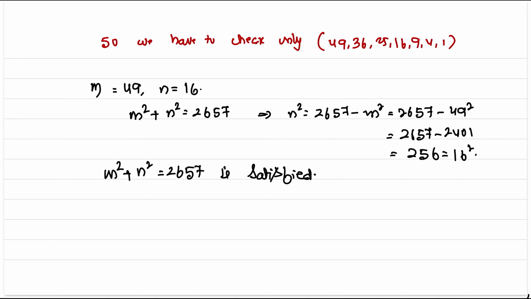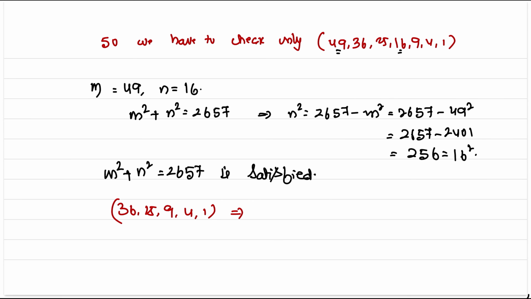And the reverse of this, 49 and 16 and 16 and 49. Now we will remove that pair. What are the remaining? We have to check only these values: 36, 25, 9, 4, 1.